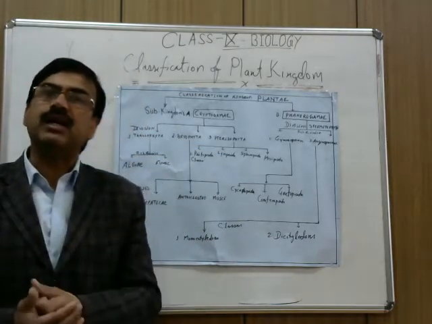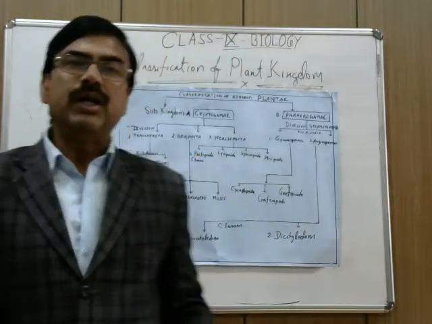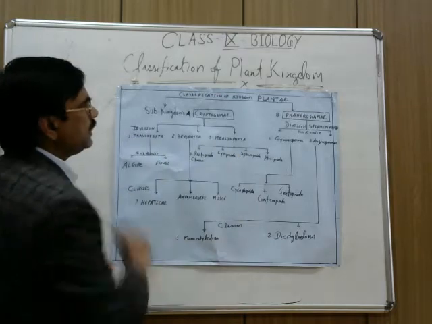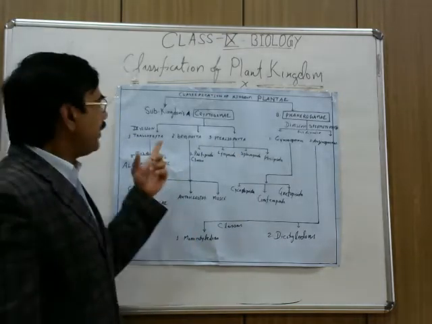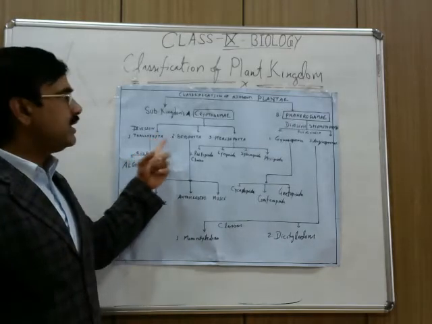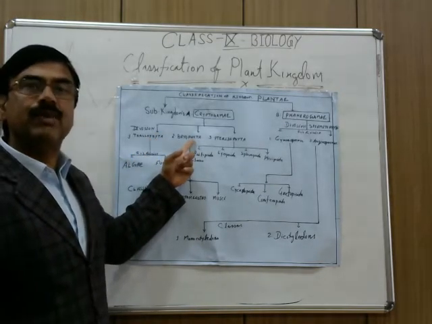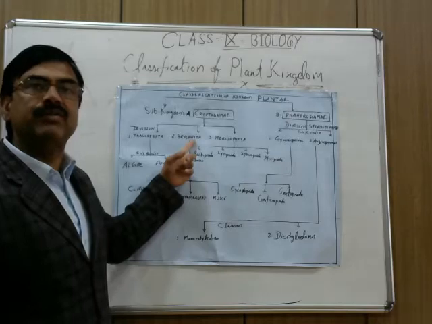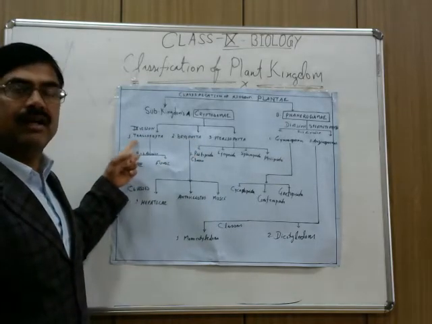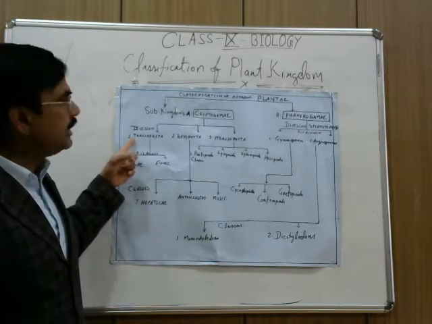When we start, it's your duty to remember the names Thallophyta, Bryophyta, Pteridophyta. And phyta means plant. Everywhere you will see the phyta. What is the meaning of phyta? Plants. It's a Greek term, and the meaning of phyta is plant. So when the plants are thalloid, undeveloped, they are kept in the Thallophyta.